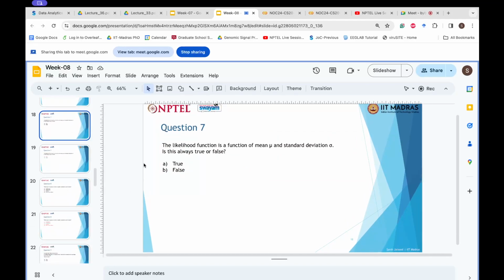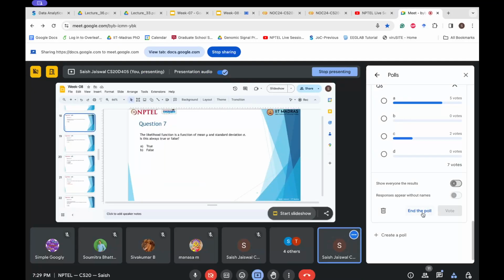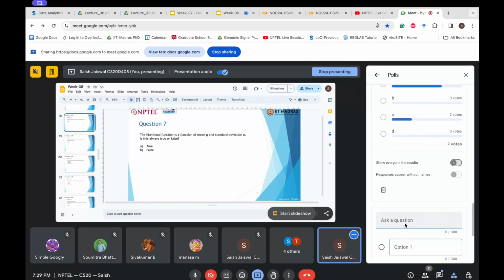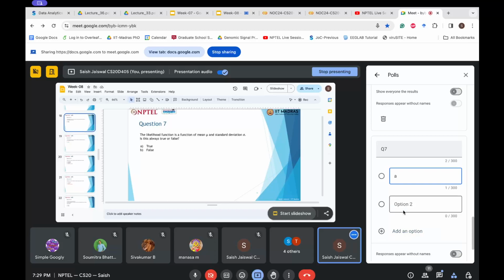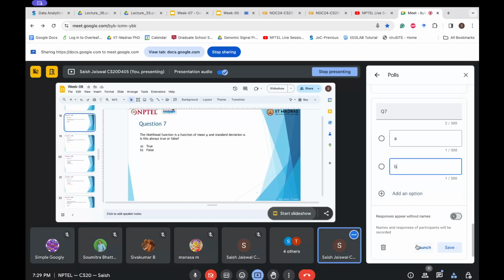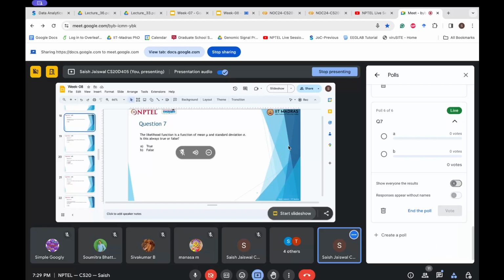The likelihood function is a function of mean mu and standard deviation sigma. Is this always true or false? Starting a poll. Please read the question carefully.